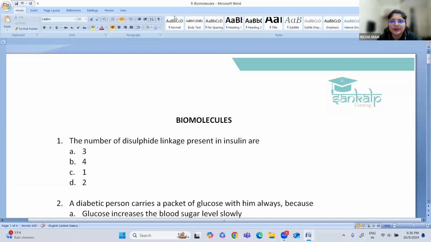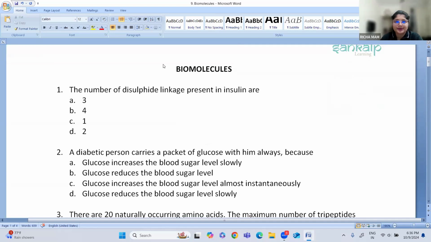We know the important biomolecules: carbohydrates, proteins, vitamins, nucleic acids. On these particular biomolecules, let us solve some of the MCQs.